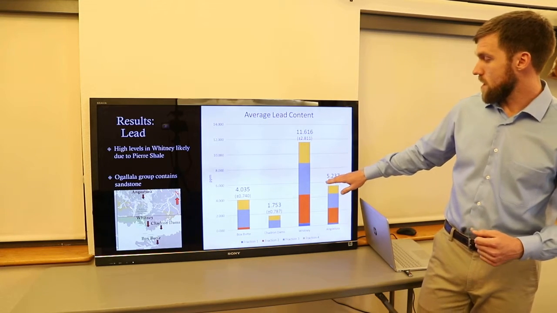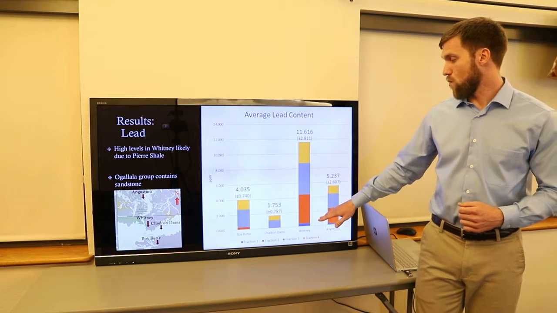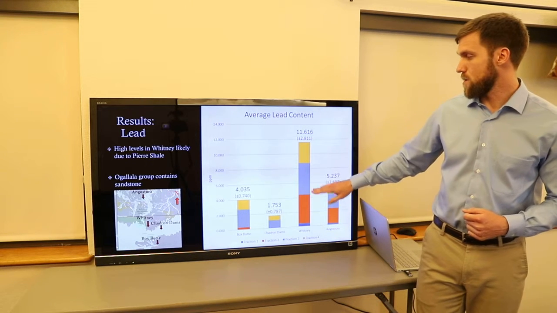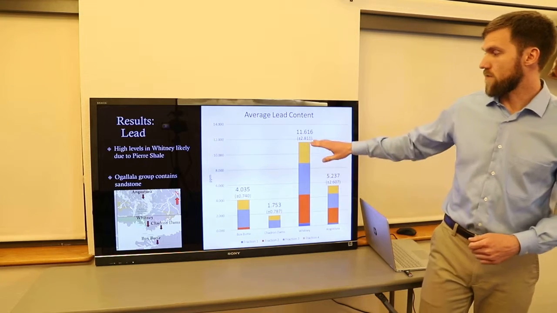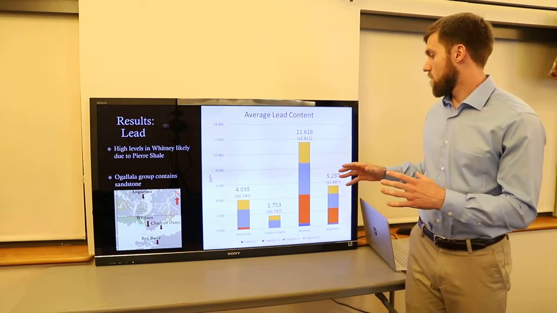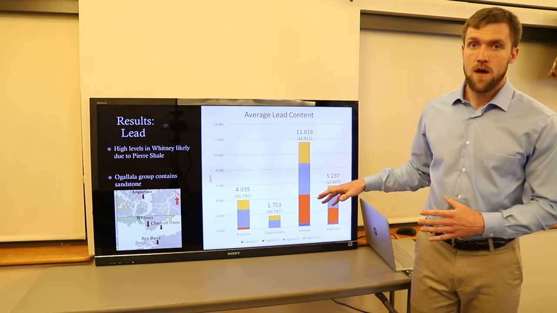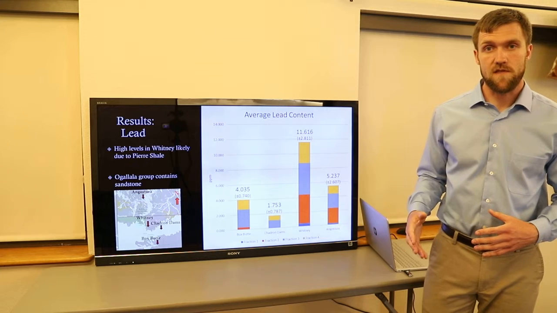So if we look at Whitney here, you can see it has blue, which represents fraction 1, orange is fraction 2, gray is fraction 3, and then finally fraction 4 at the top here. So this is basically the kind of graph that I expected to see for the majority of metals that I analyzed.